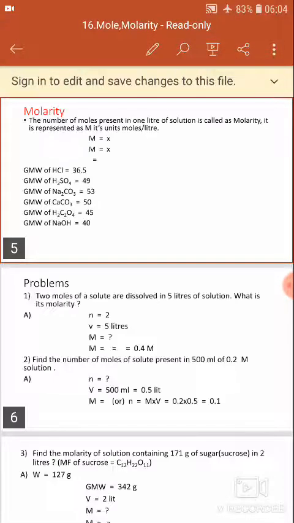Then next, normality. It is represented as capital N. Its units are gram equivalents per liter.